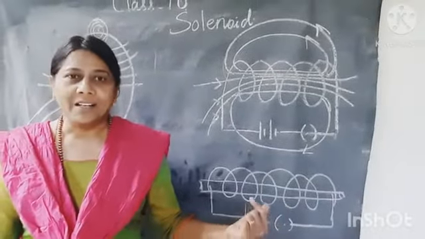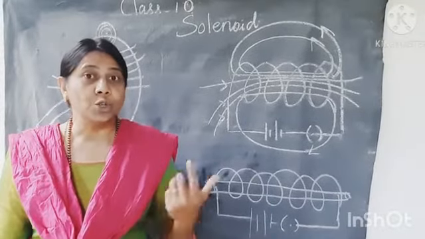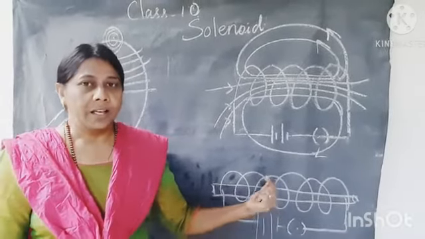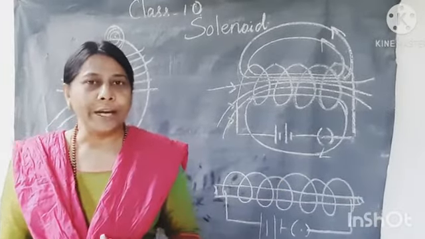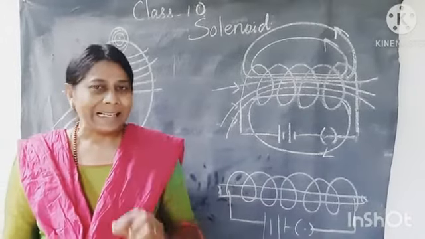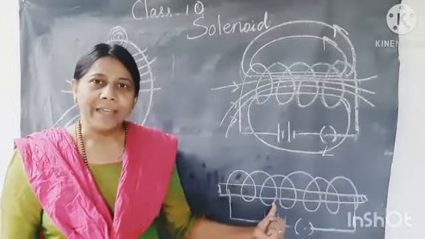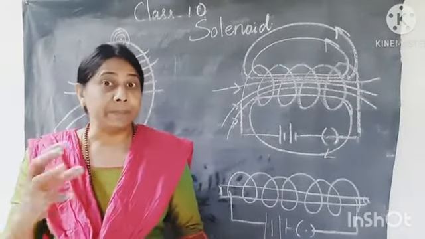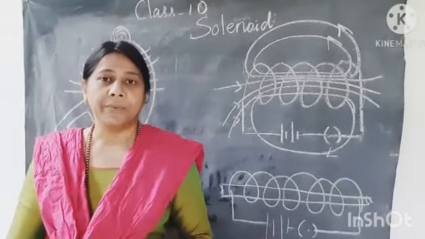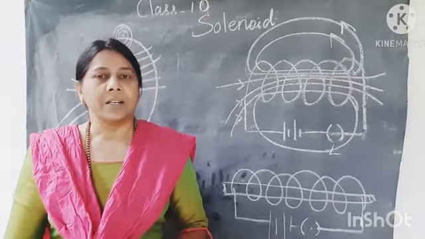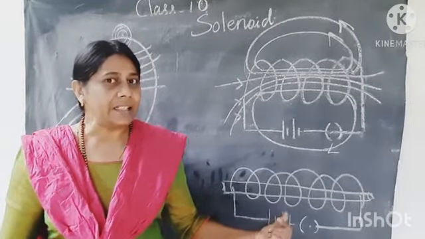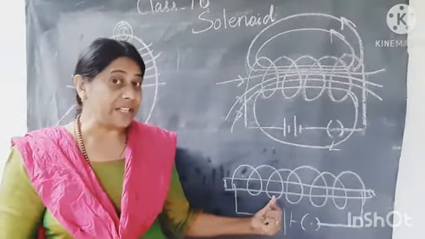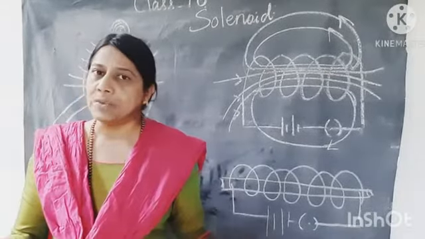For example, in bigger cities, to remove iron articles from a heap of waste, a crane has an electromagnet fixed to it. When it is brought near the heap of waste, the iron articles stick to the electromagnet because it behaves like a magnet, and there are many other uses of electromagnets.